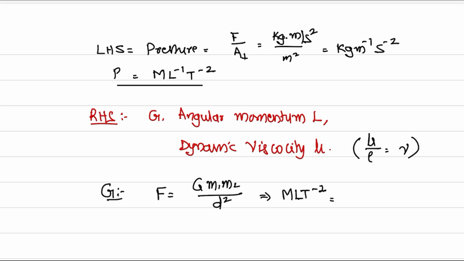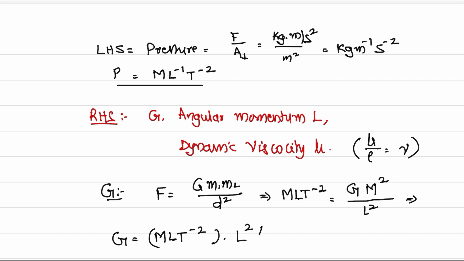This is equal to G, which we do not know, times M1 into M2 that is M square, mass square, divided by D which is nothing but length square. That implies G dimensions are M L T to the power of minus 2 into L square divided by M square.